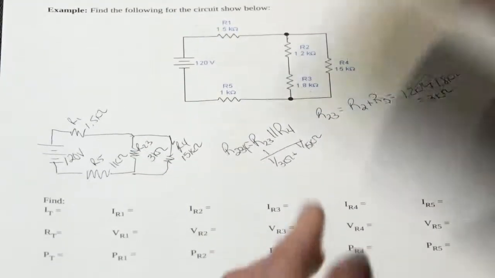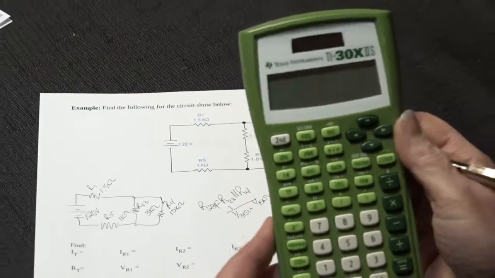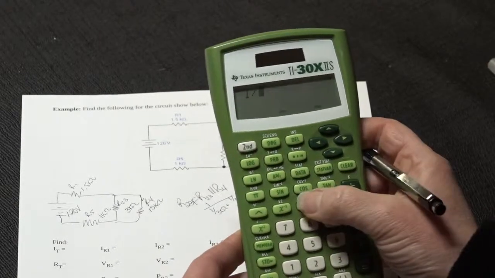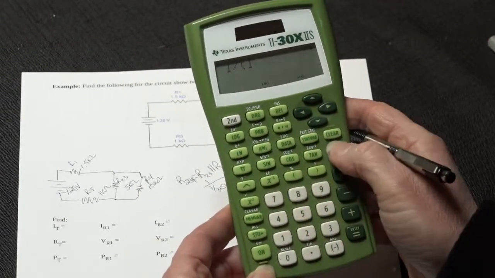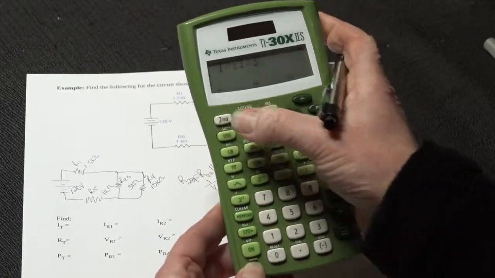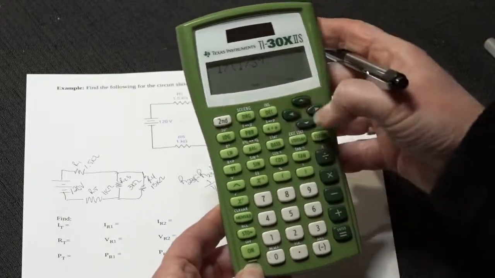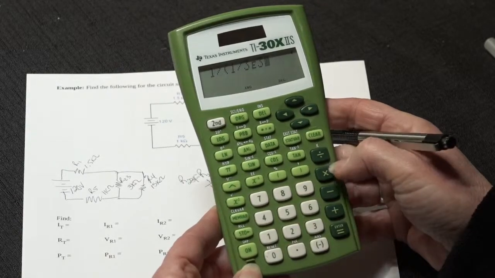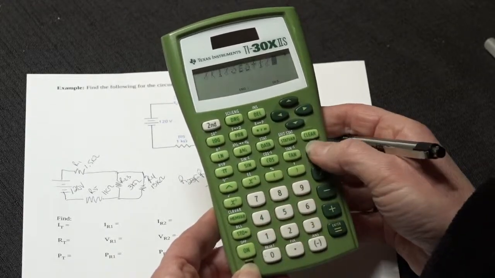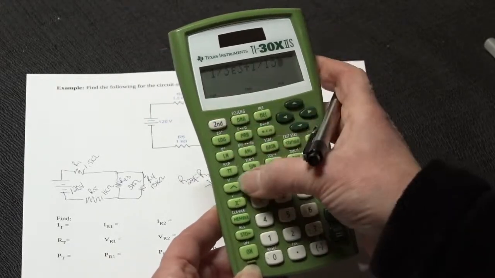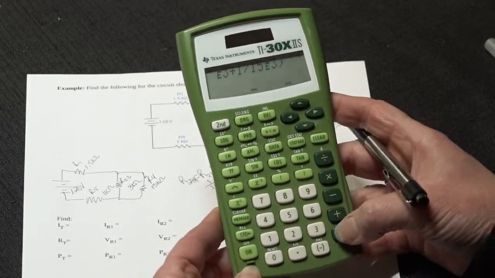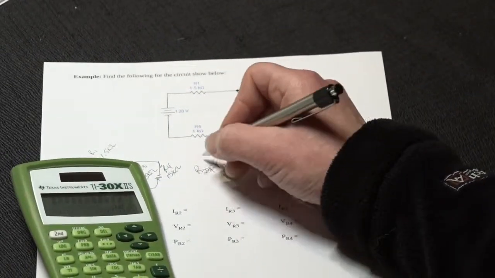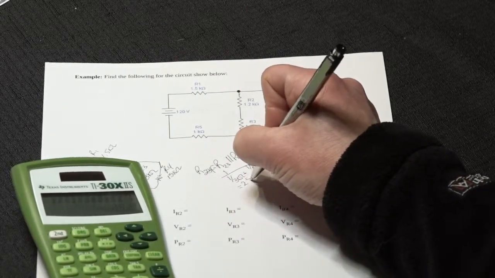And let's go ahead and calculate that so we don't make any mistakes. So 1 divided by 1 divided by 3k plus 1 divided by 15k. And we get 2.5k. So that R2,3,4 resistor is going to be 2.5 k ohms.